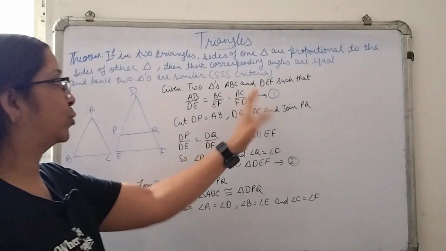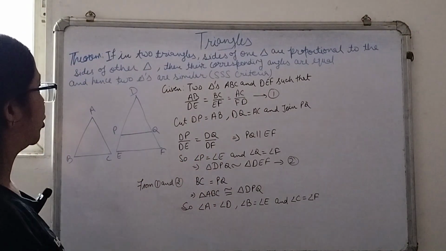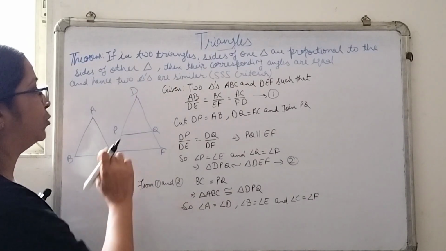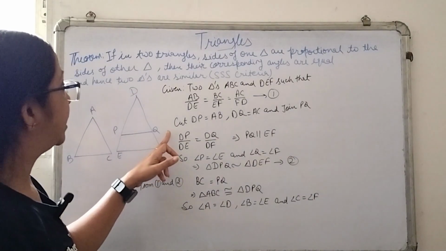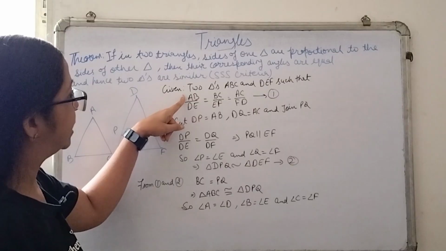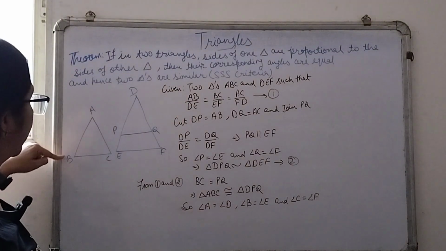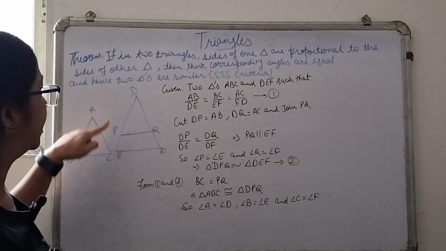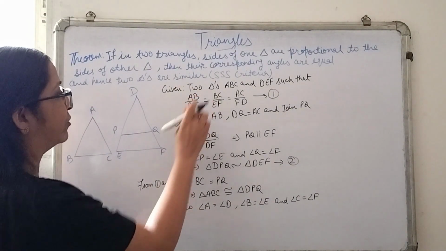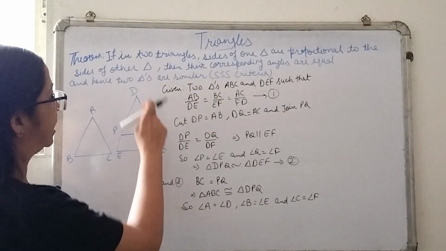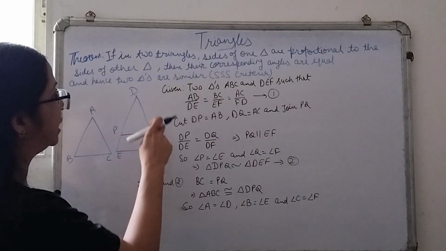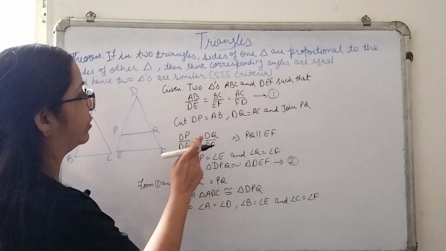Now by construction, we have taken DP is equivalent to AB and DQ is equivalent to AC. So instead of AB we can take DP, so over here we have written DP over DE, and instead of AC we have written DQ.